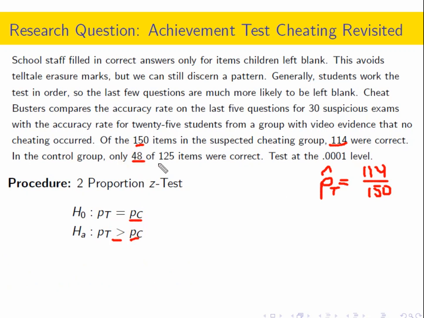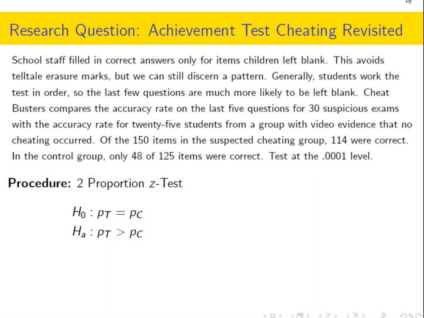Notice the control group is only like, what is that, 2/5? So about 40%, but look at this. This is looking like it's over 60%, almost 2/3. So the percentages look a lot different, and that's what our hypothesis test is going to get at.